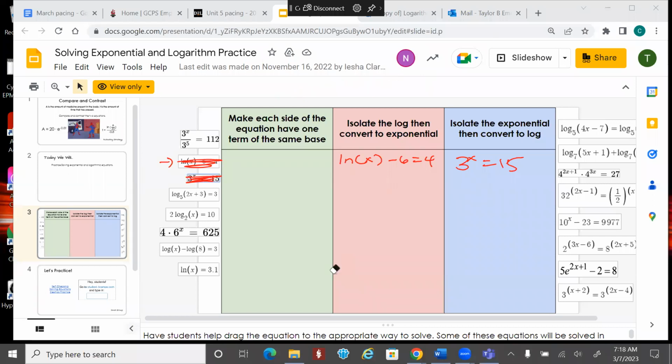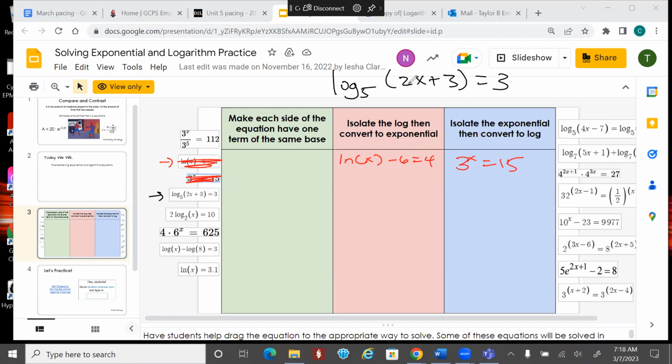On the next one, down here, we have log of base 5 of 2x plus 3 equals 3. Well, we already have this log by itself. So how would we get this to be exponential? What would we do?